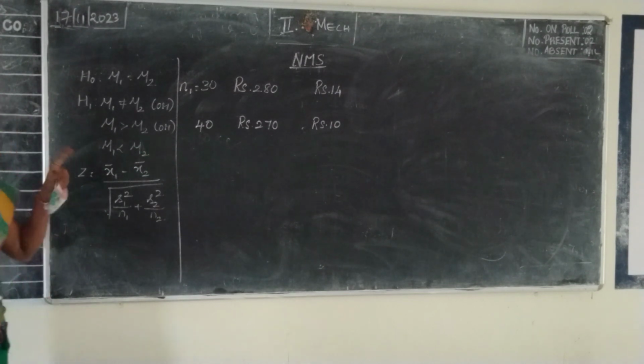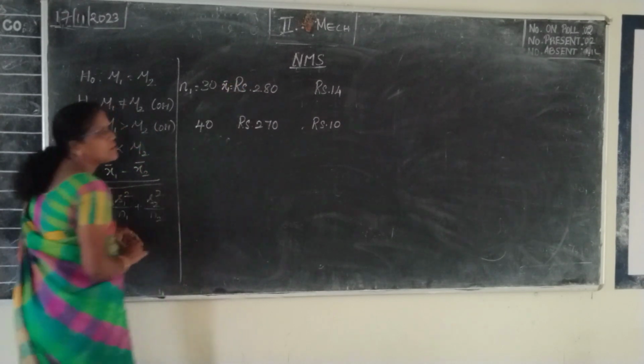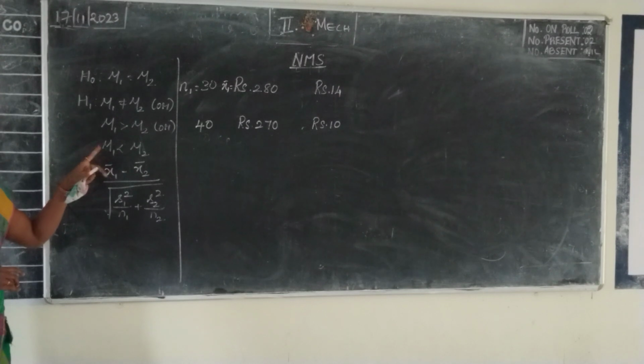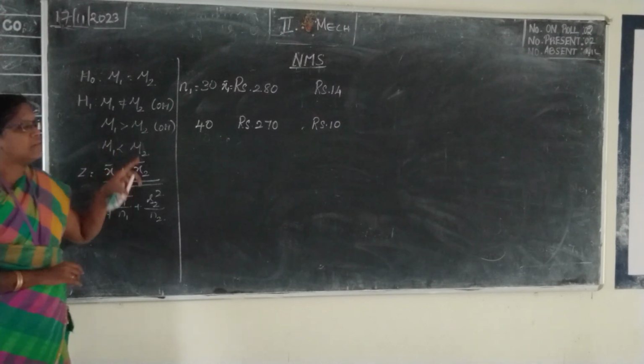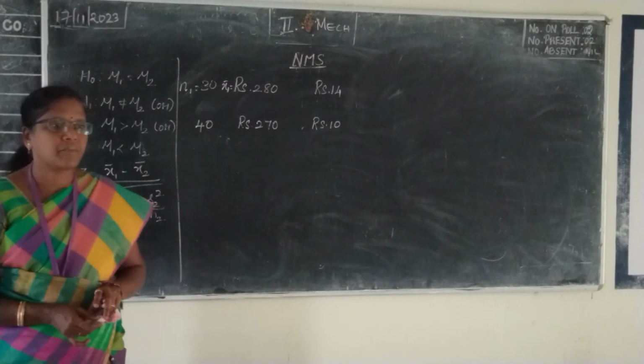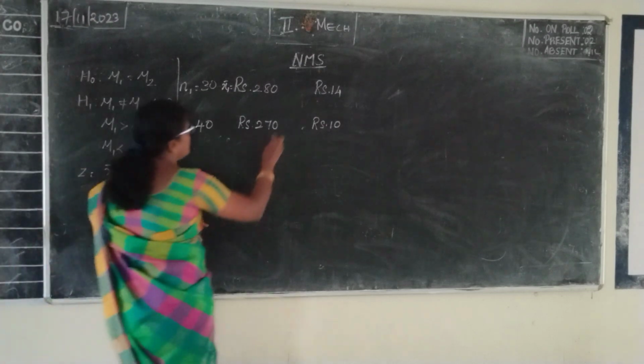Since it is for the first sample, we write it as x1 bar. With a standard deviation of rupees 14. What is the notation for standard deviation? Small s. Sample standard deviation means small s. So this will be s1.